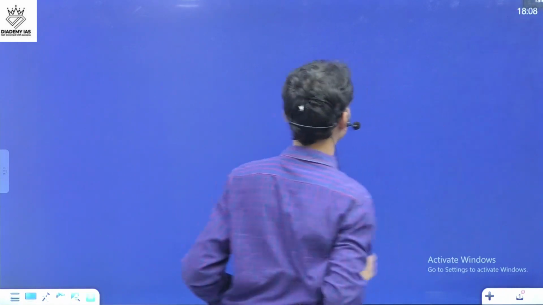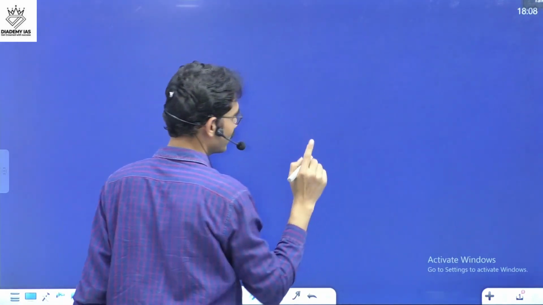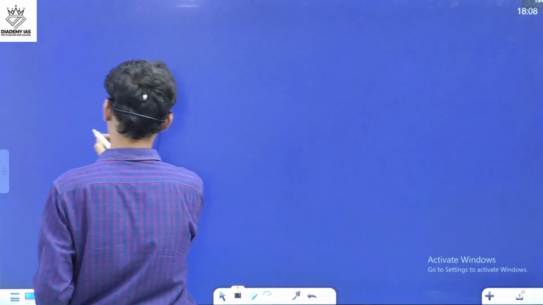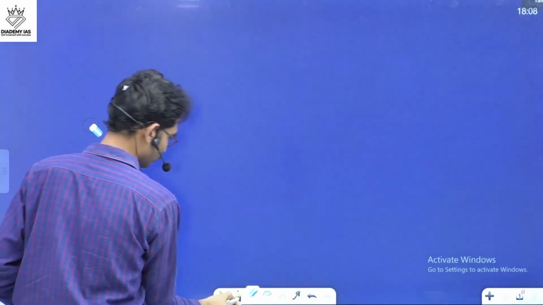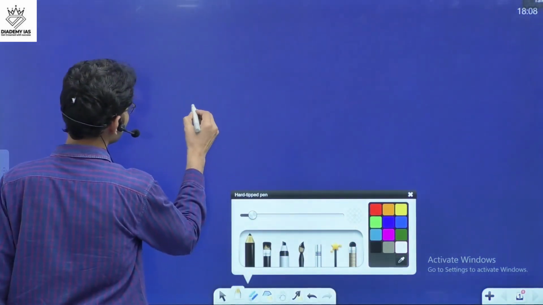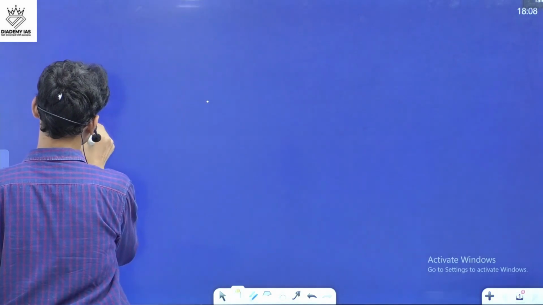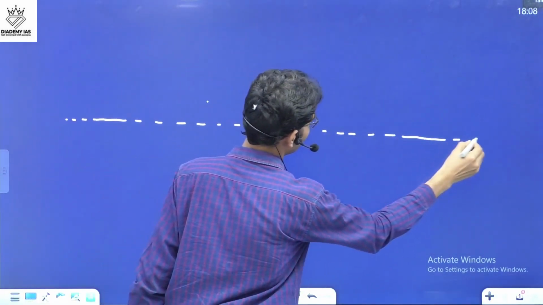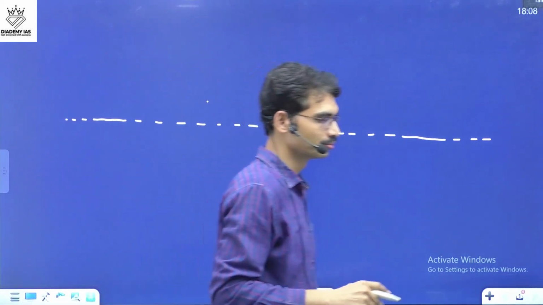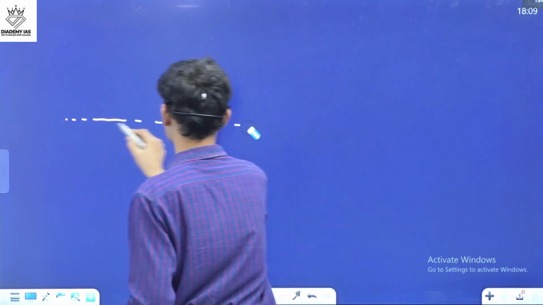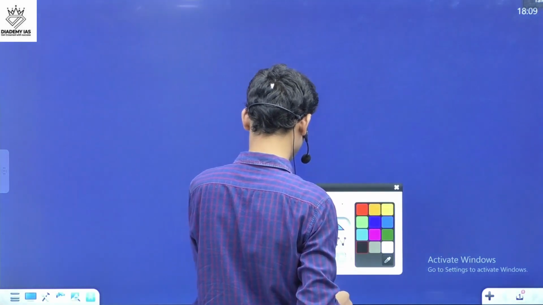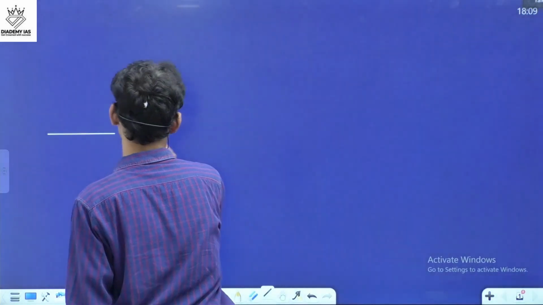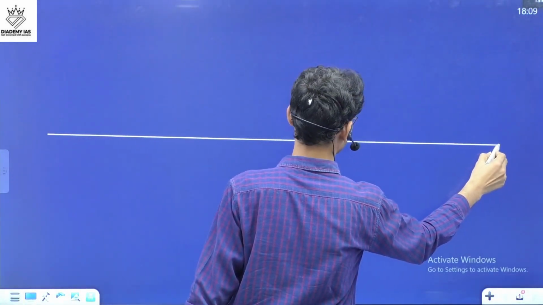Start with India, or first start with Africa, so that from the African reference we can easily place the other parts. Let us say this is the equator.